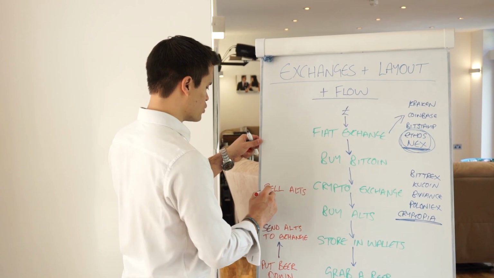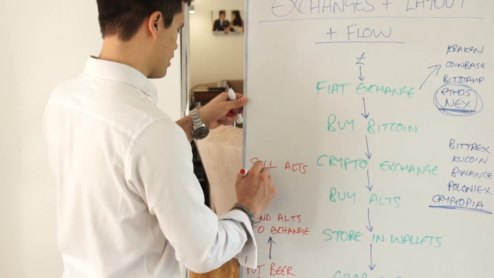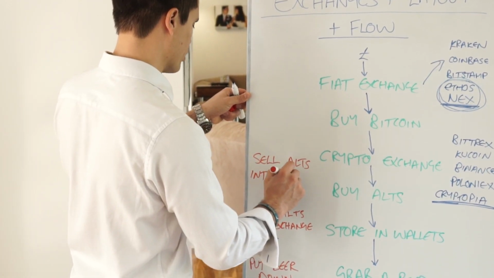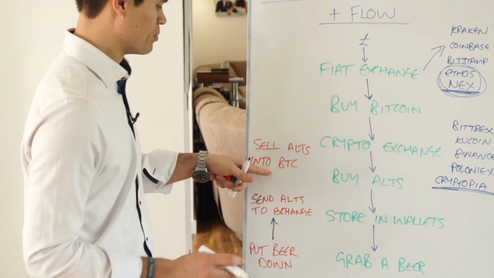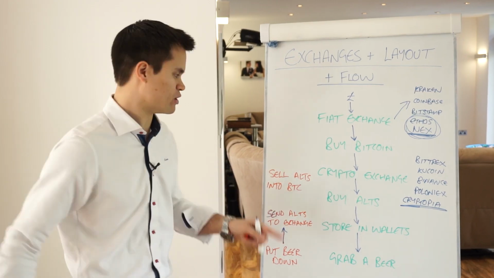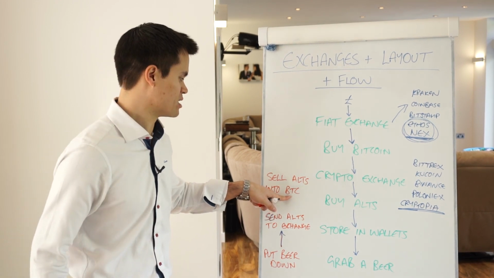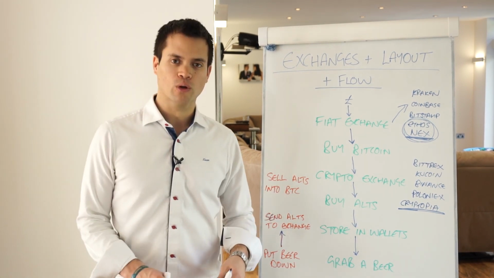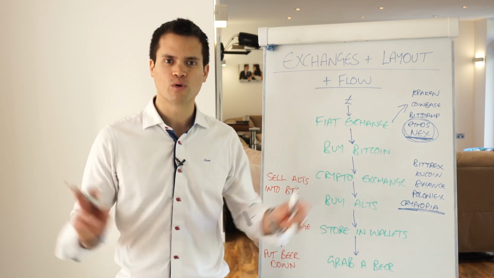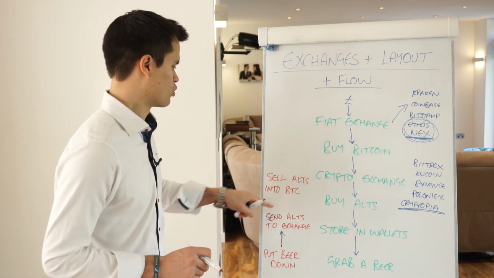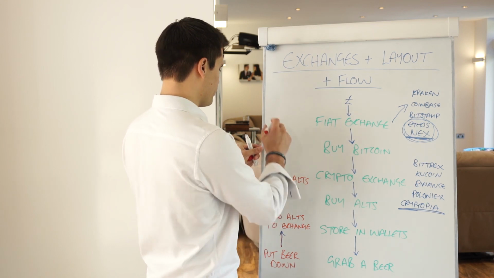So for this, I'm just going to sell alts into Bitcoin. When you're selling a crypto, you don't sell into pounds or whatever. You sell back into Bitcoin, because at the moment, it's the gateway currency. It's the universal crypto, or the world reserve currency when it comes to crypto. Sell into Bitcoin.